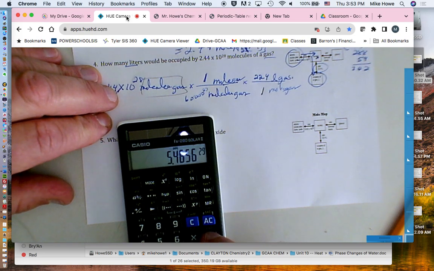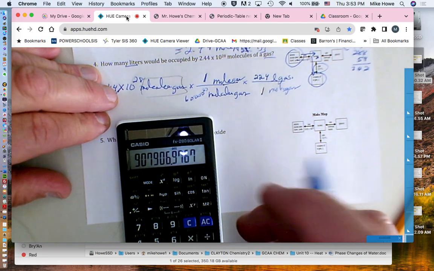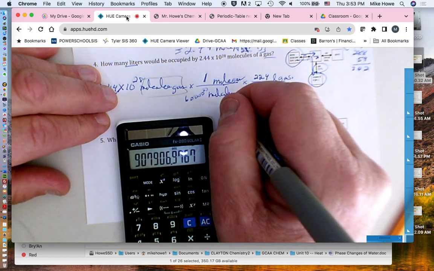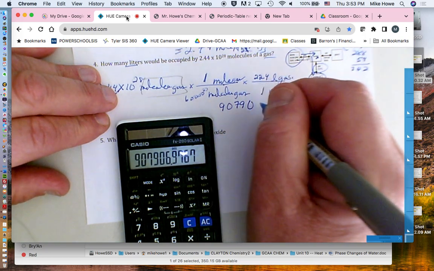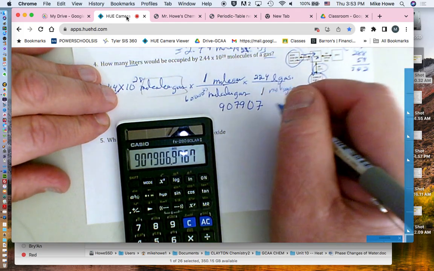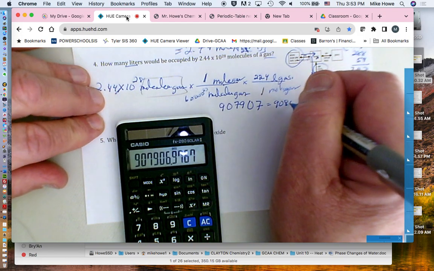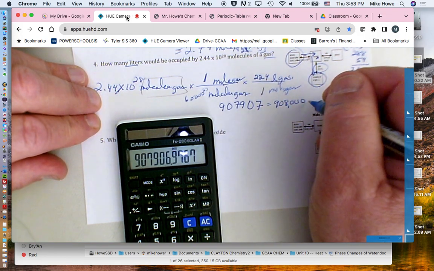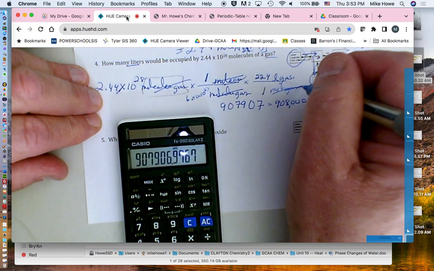And then you're going to divide by 6.02 times 10 to the 23rd. And so you end up with 907,907 on this one, or 908,000 if I round off. And the units are liters. Molecules cancel and moles cancel.